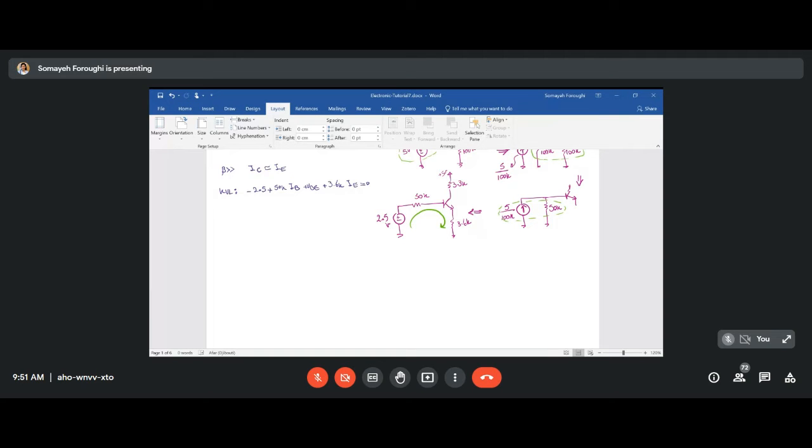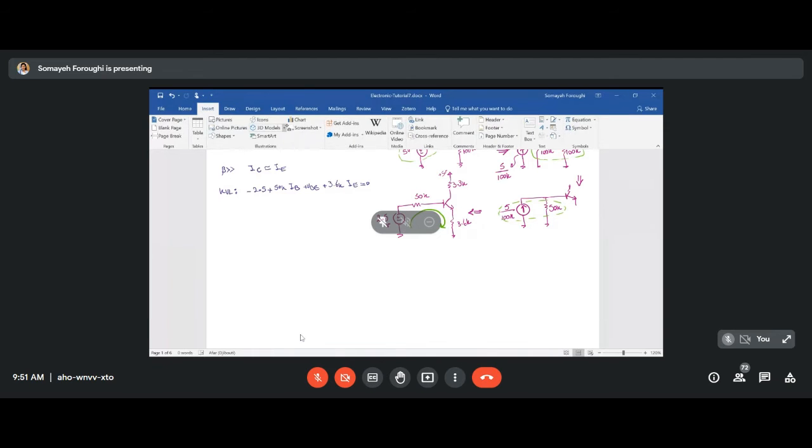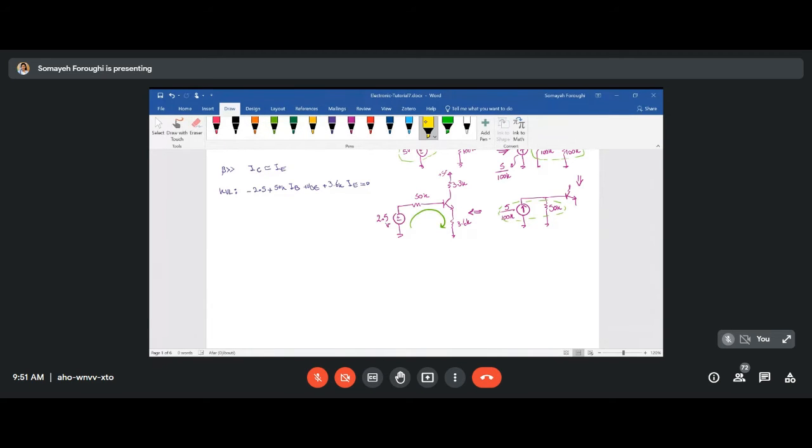Okay, from here, I know that there is a relation between IB and IE. Simply you can say IB equals IE over beta plus 1.